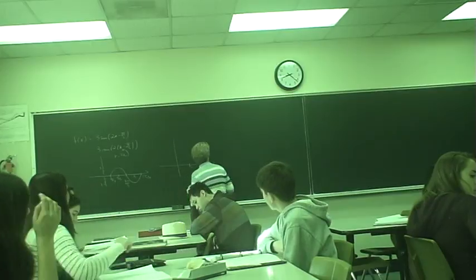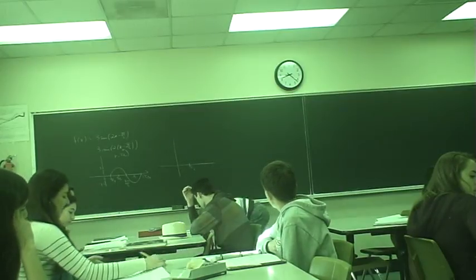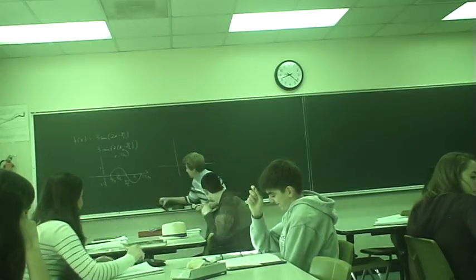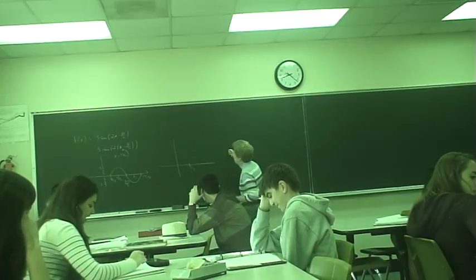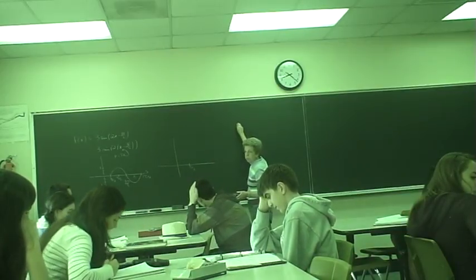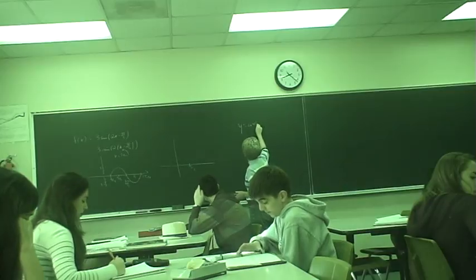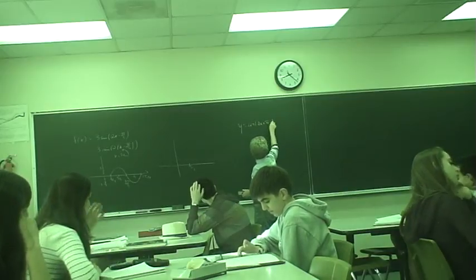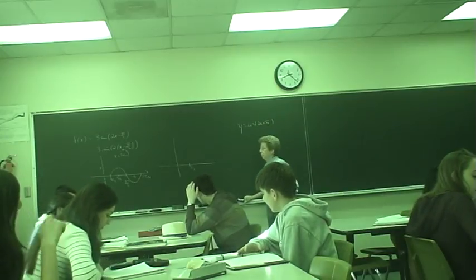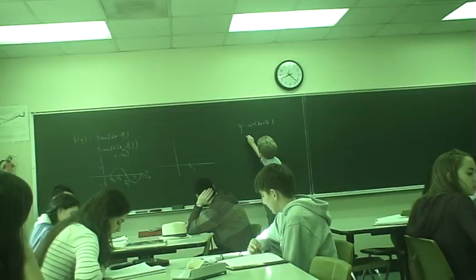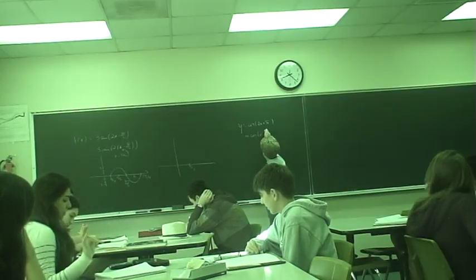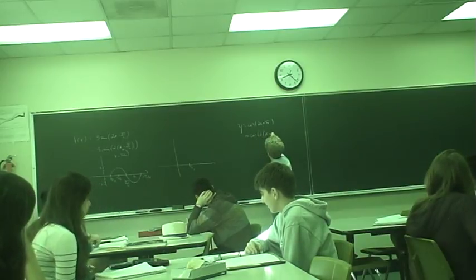Hold on a second, I was busy dealing with my pile of erasers. Okay, tell me again. The original was y equals cosine of 2x plus pi, and I factored out the 2, so it's cosine of 2 times the quantity x plus pi over 2.